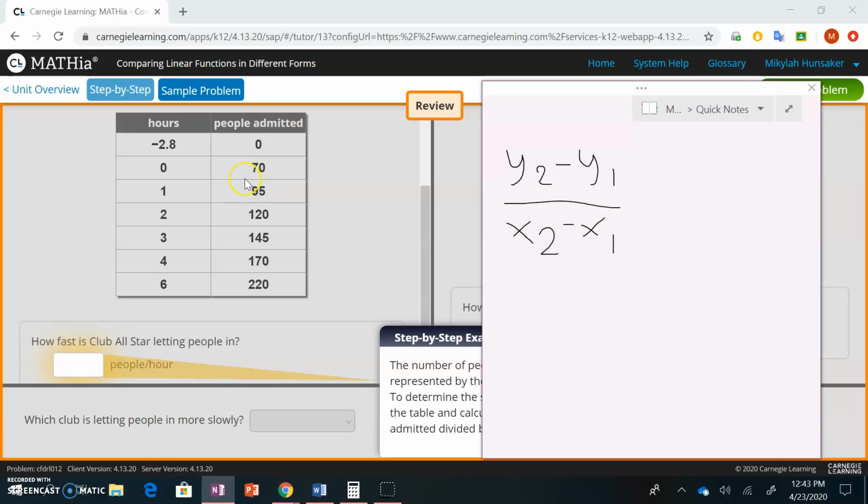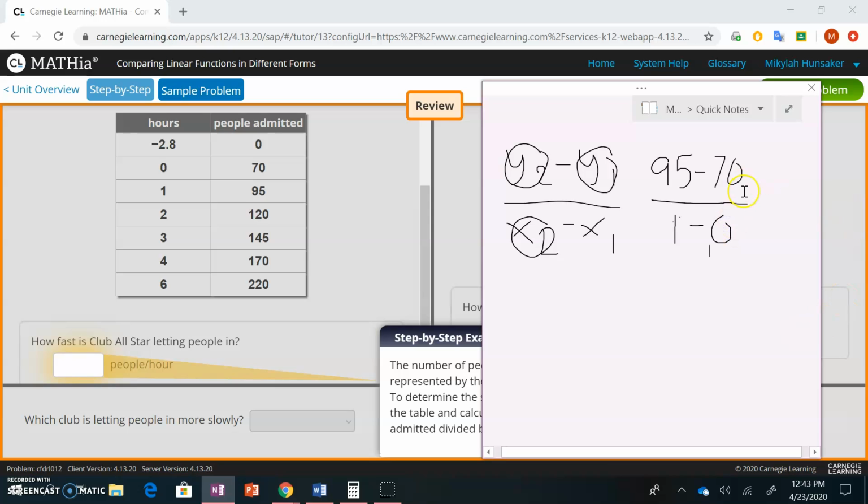So if I plug this in, I want to do the 95, that's my y2, minus my 70, that's my y1, divided by my x2 is 1, minus x1 is 0.